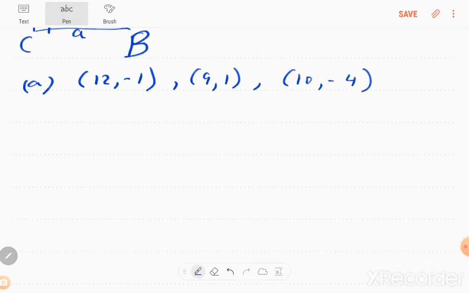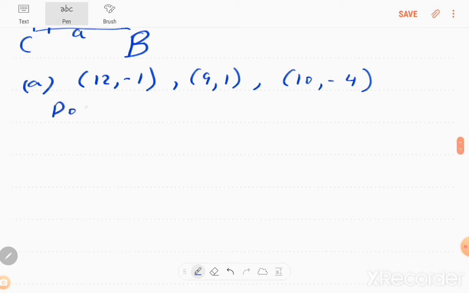And here we ask, do these 3 points form a right triangle? Okay, so we could graph it, and that would give us some idea. Maybe we could make a good guess, right?